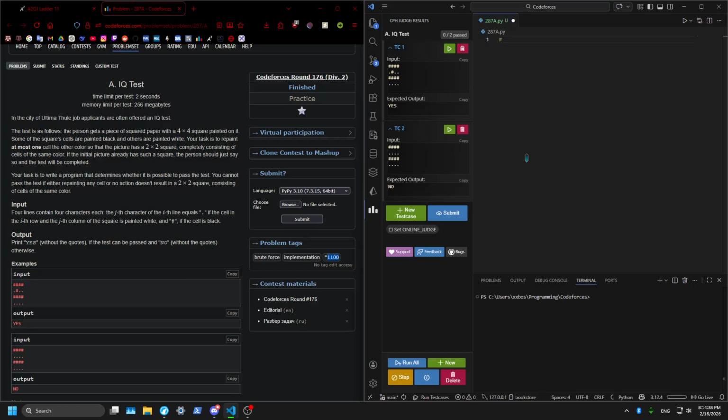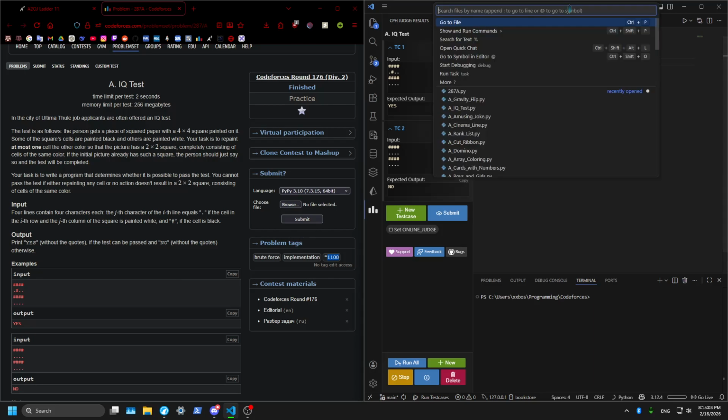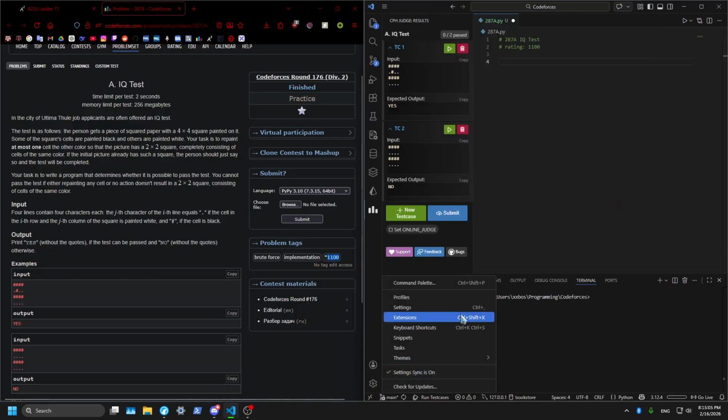So I guess I'll format it like 287A, IQ test. ID and then IQ test, and then the rating is 1100. It looks like I have my autocomplete on because I was coding other stuff today.